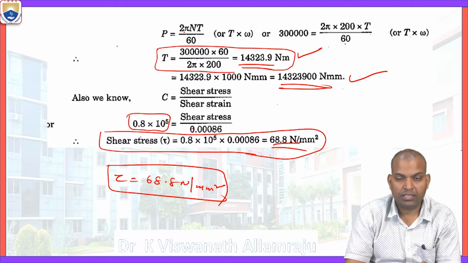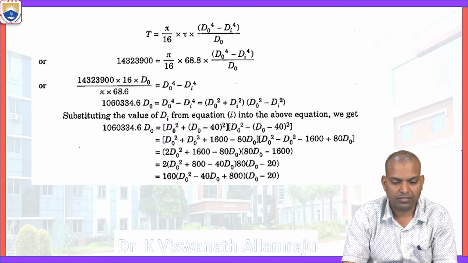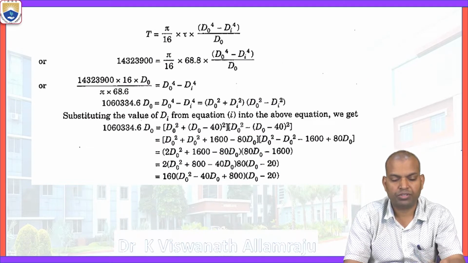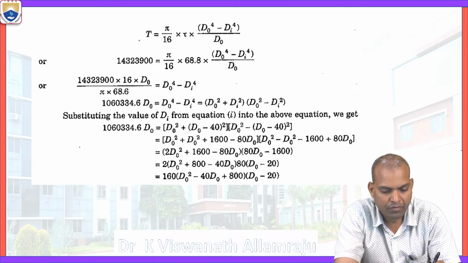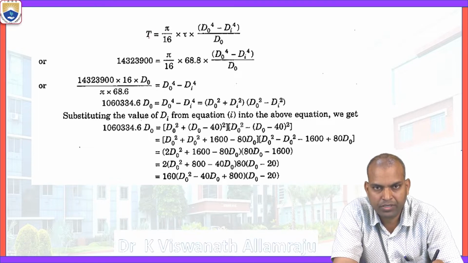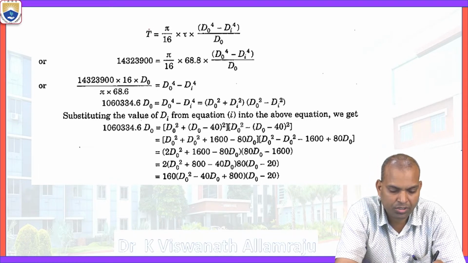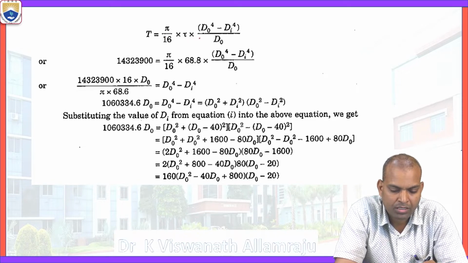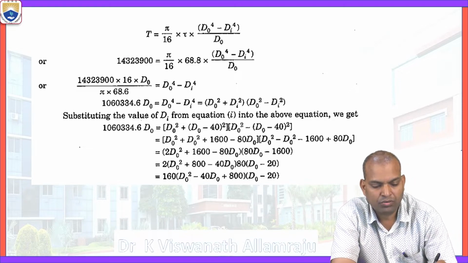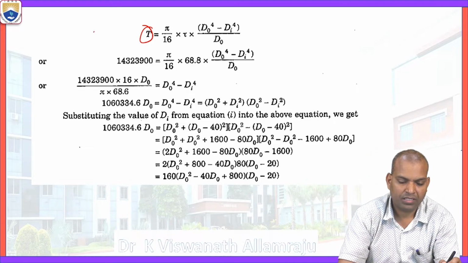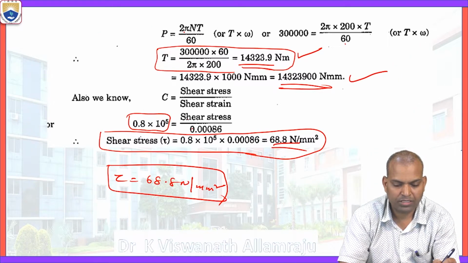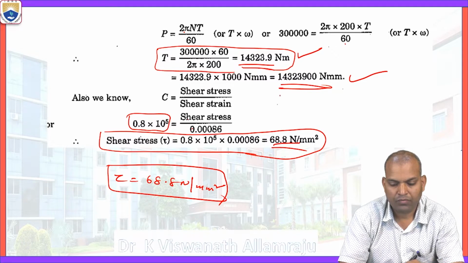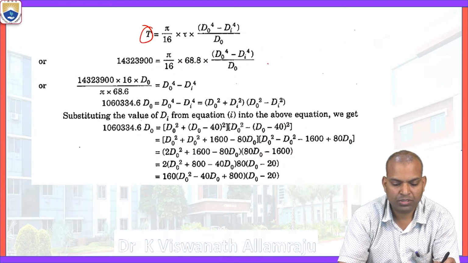Our objective is the outer diameter. Let us begin. We need to consider the hollow circular shaft. The derived formula for a hollow circular shaft is capital T equals pi by 16 times tau times (d naught power 4 minus di power 4) by d naught. Capital T we got here: 14,323,900 Newton millimeter.